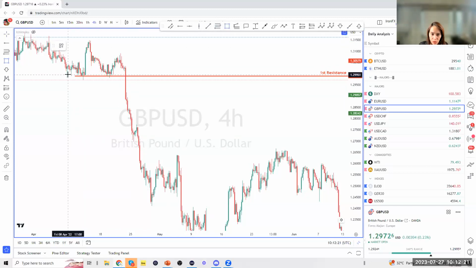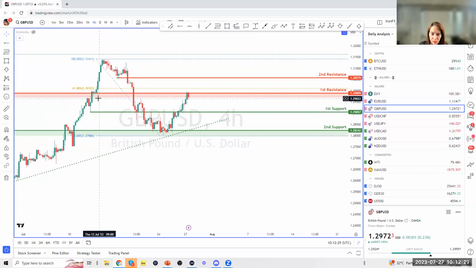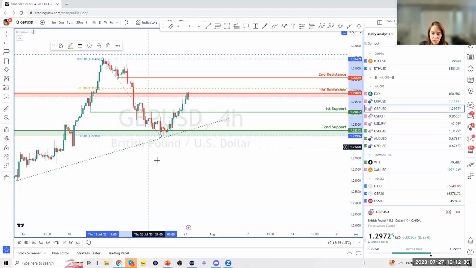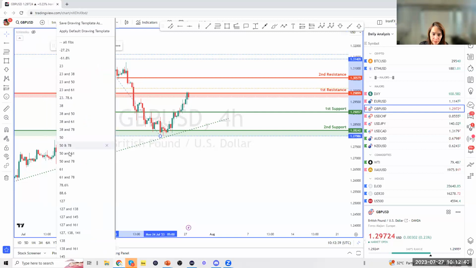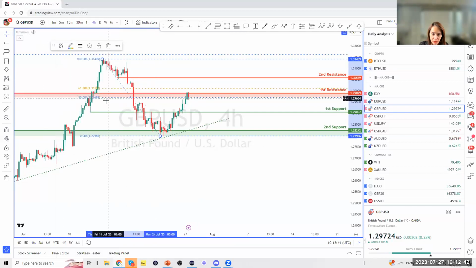If you were to draw from the body to the wick, this wick, which is somewhere here, and then you draw Fibo from the left to the right, from swing high to swing low, this is about 50% somewhere here.